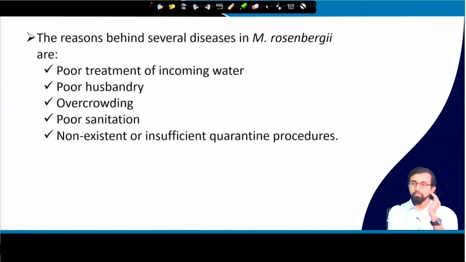I told you, the moment you get to know about the disease or a disease-causing species, you have to shift them then and there, because these disease-causing microorganisms can spread very fast. So the moment you identify them, no matter what, you just simply catch them and shift them to the quarantine pond, and then you do the next stage of troubleshooting. That's the first thing that you need to do.